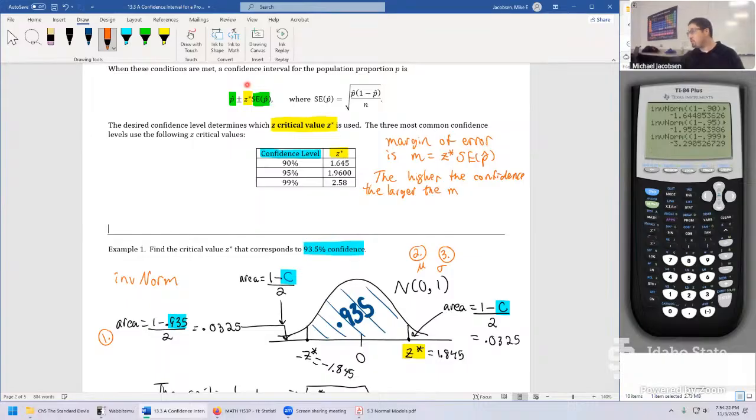The larger the margin of error, the wider the confidence interval.